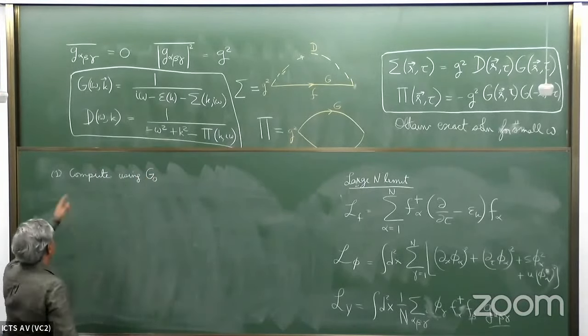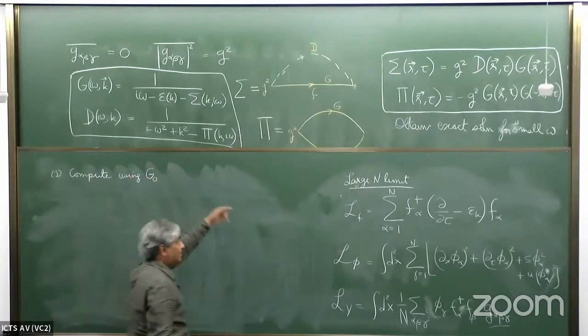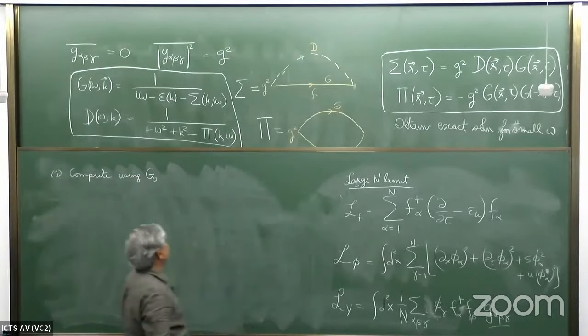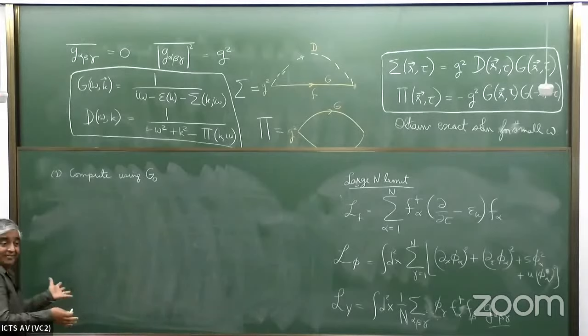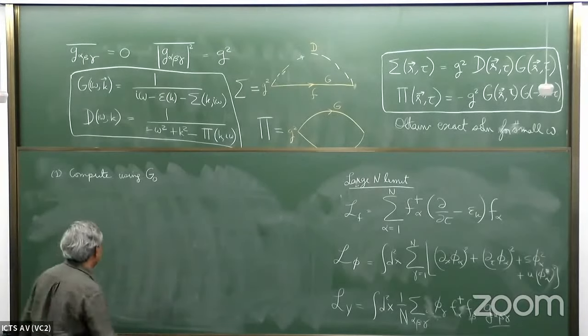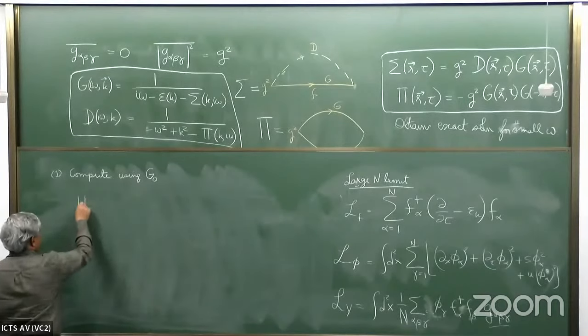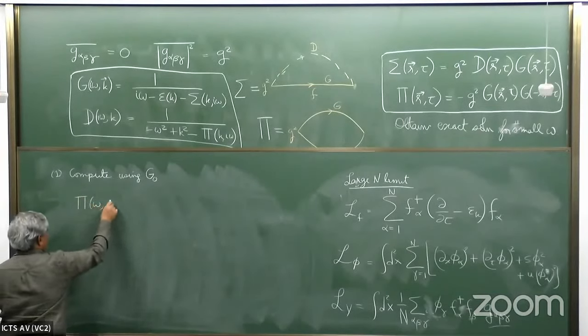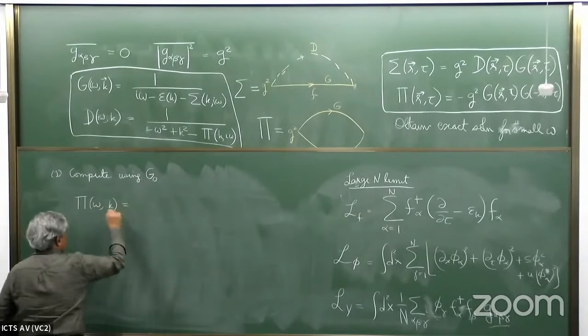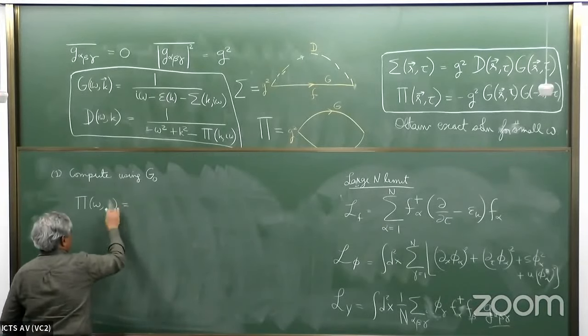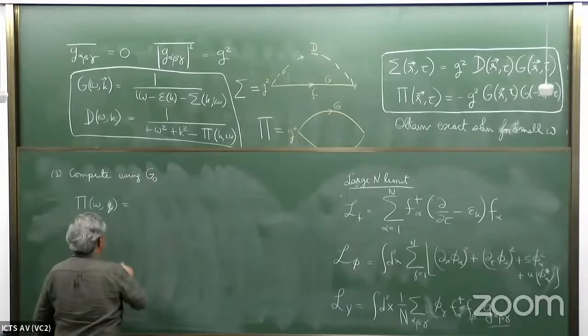Now, of course, G is not G naught. It's got a sigma in it. But we'll come back to what the effect of sigma is on this calculation later. All right, so pi of omega and k. Let me call it Q, I think. I want to separate Q space from K space.